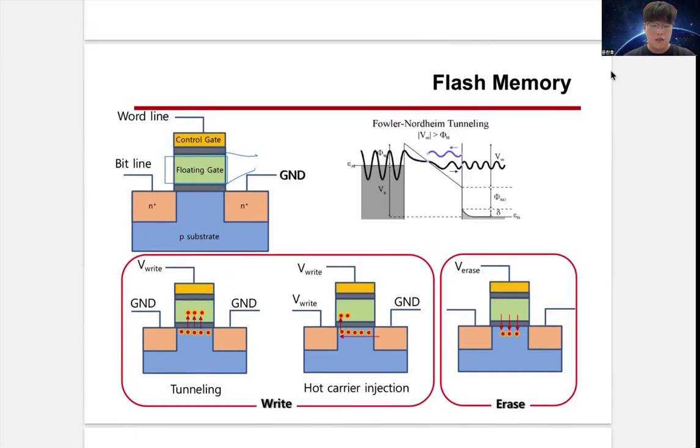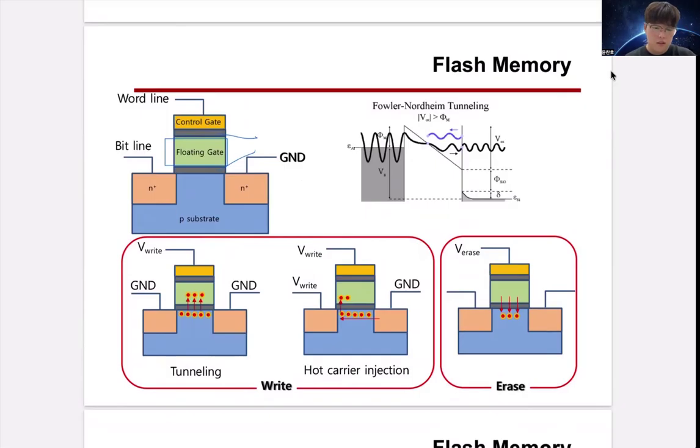First is tunneling. If we set the source and drain grounded, and apply a high bias on the control gate, there will be a large E field vertically in this area, between the substrate and gate, and the oxide, and this is the floating gate.